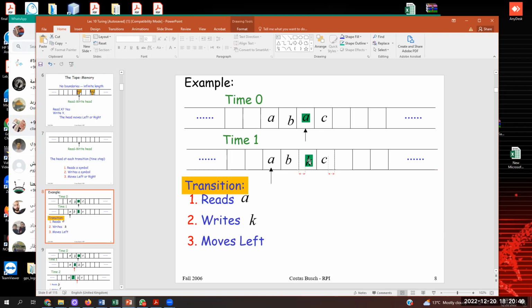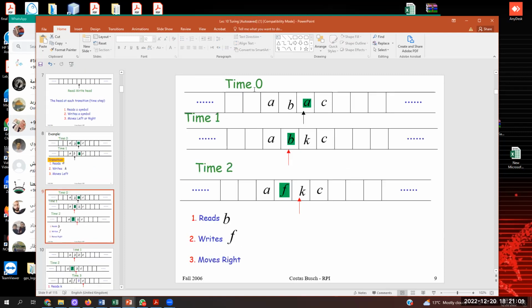Then I will say move left. Move left, actually, it should not be here, it should be here, because I was here, I moved here. That's what move left means. So after one more step, I was an A, here now it's K, and my pointer points at B.